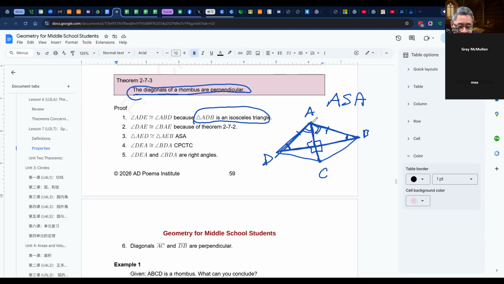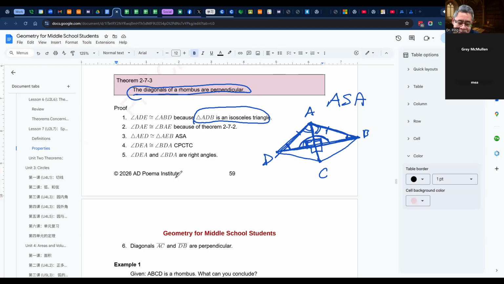Now, if that's the case, we know this angle is congruent to this angle, and it has to be 90 degrees because the angles on one line here total 180. So this basically bisects that. So we got 90.